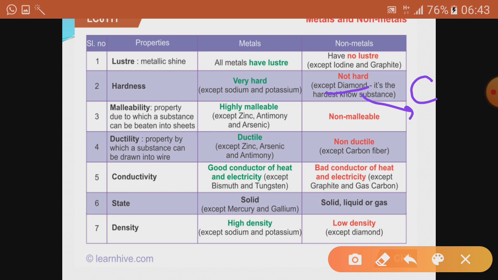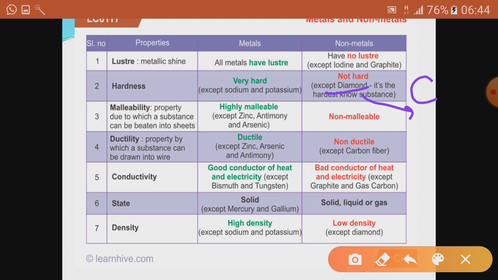Now ductility. What is ductility? The property by virtue of which a substance can be drawn into wires. We can make wires out of it. That is called ductility. So metals are said to be ductile and non-metals are non-ductile. But in case of metals, some exceptional cases are there like zinc, arsenic, antimony, just like in the above cited example.